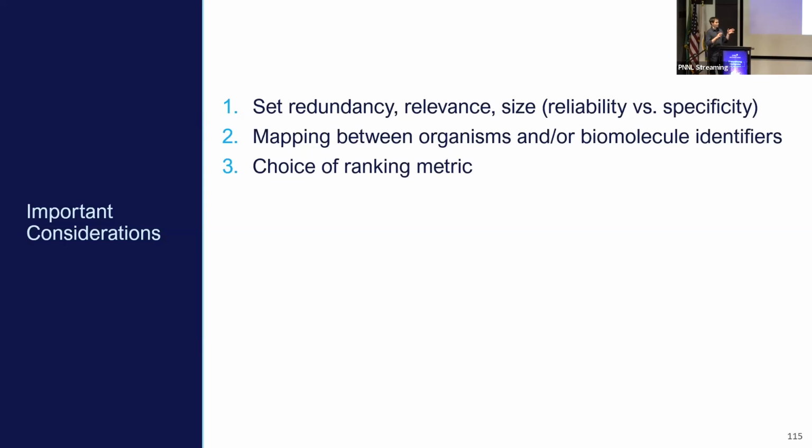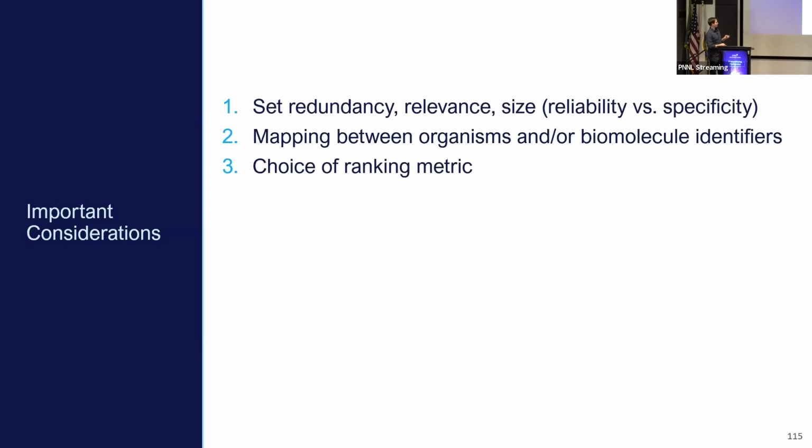But the problem is it gets really hard to interpret. If you have a gene set consisting of 50% of the genes in your data, good luck. You're not going to really get anything out of that. On the other side, as sets get smaller, they get less reliable. Again, as one gene changes, it can affect the set more strongly.